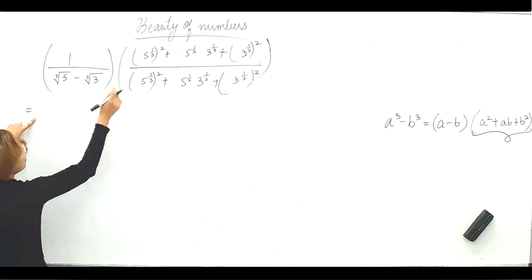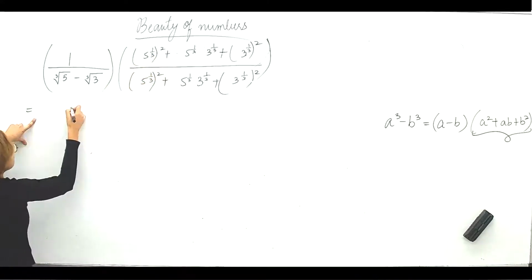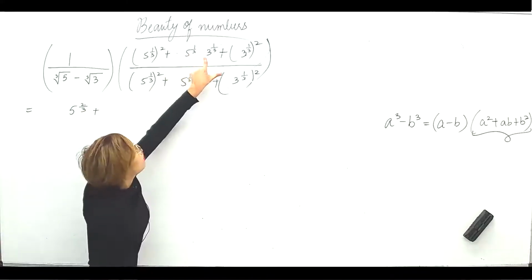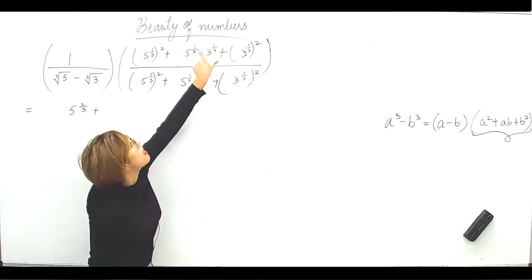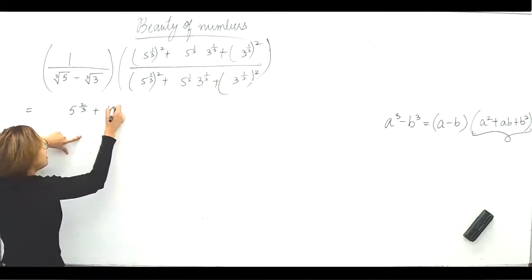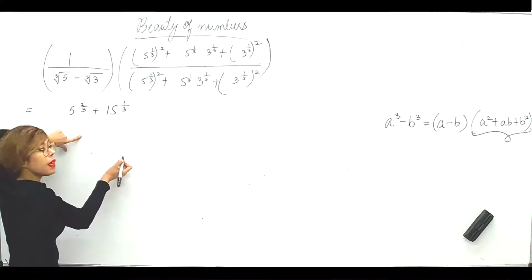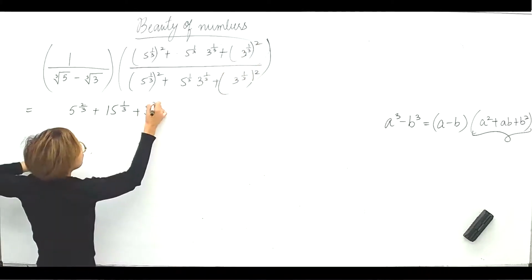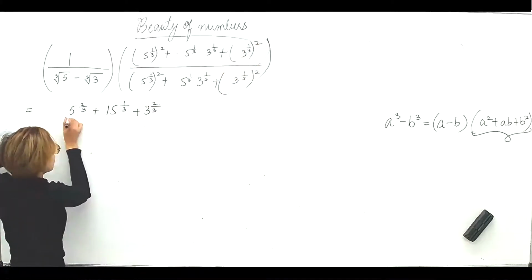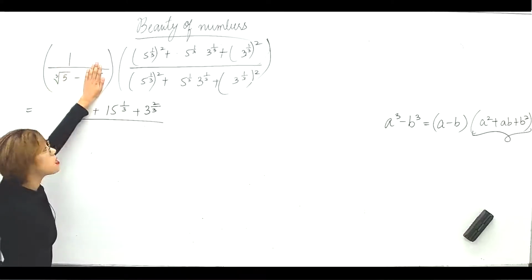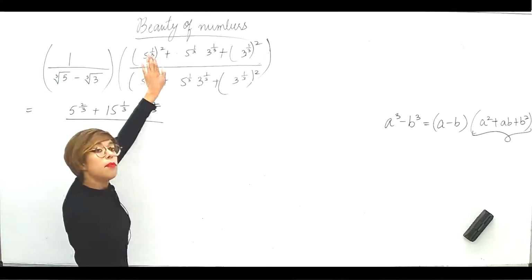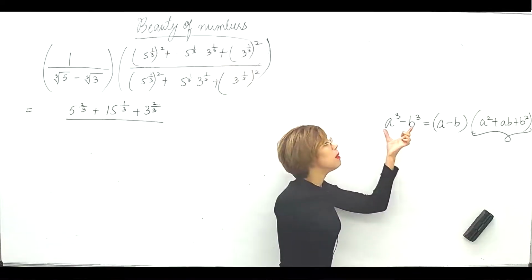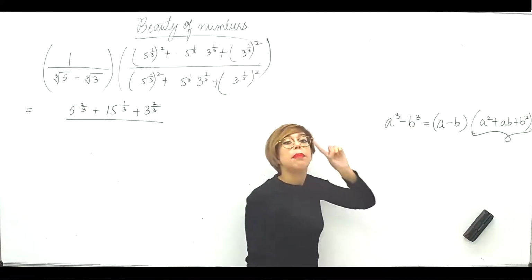Right. Now I'll write it. So 5 raised power 1 by 3 square. So that means 5 raised power 2 by 3 plus अब 5 raised power 1 by 3 into 3 raised power 1 by 3. Part same है, so can I write this as 15 raised power 1 by 3, right? Plus this is 3 raised power 2 by 3, right? Okay, divide by. This is now a minus b into a square plus ab plus b square. That means this will be equal to a cube minus b cube.